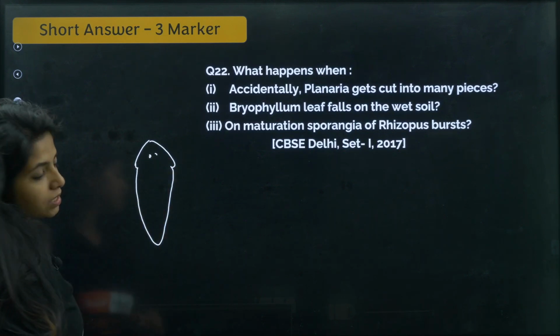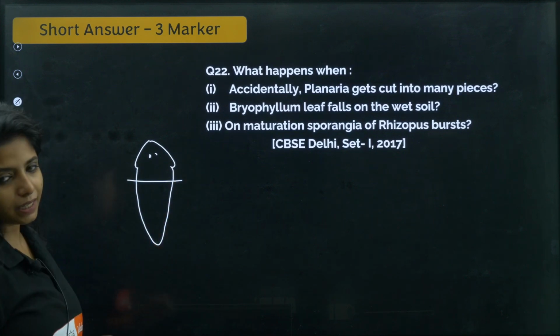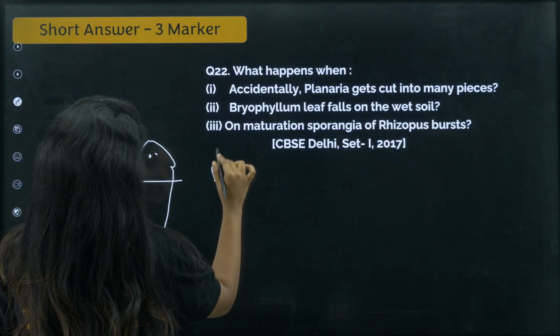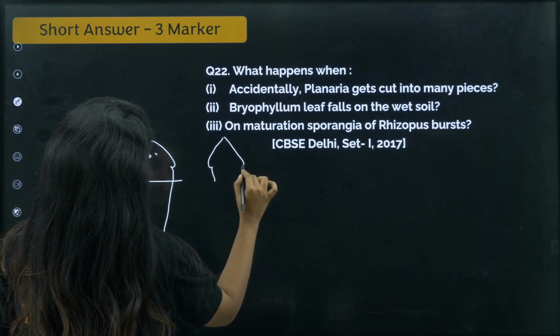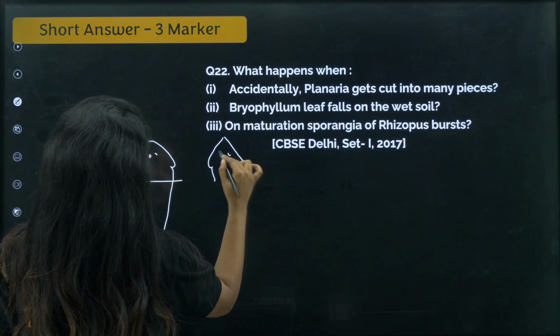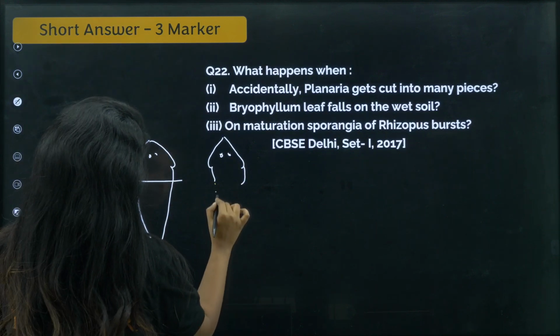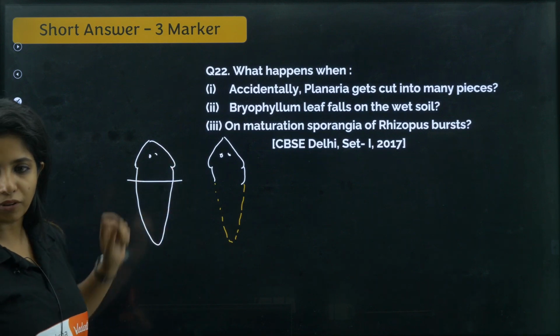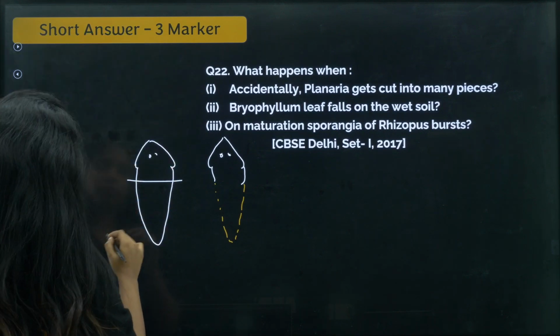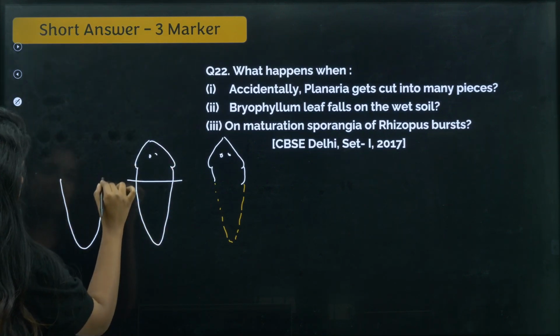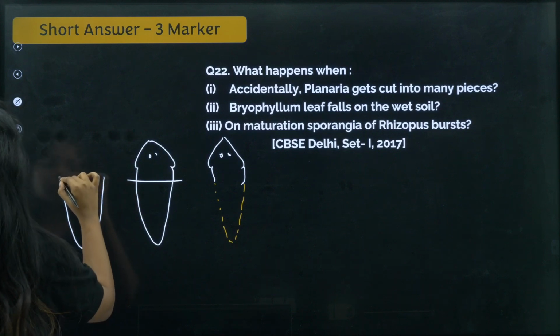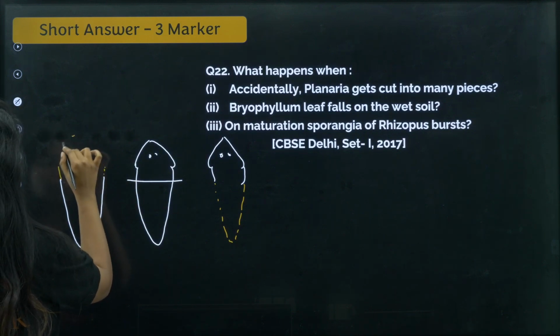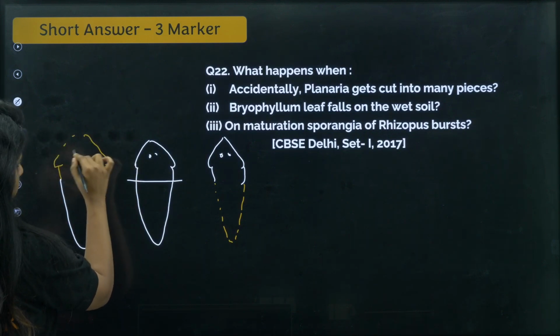What happens when planaria is getting cut? Basically, if it is getting cut, I'll show what happens. Suppose it is getting cut like this. It will be making a new body part over here. Similarly, if this is getting cut, this part that you see over here will be forming a new planaria body over here as well.